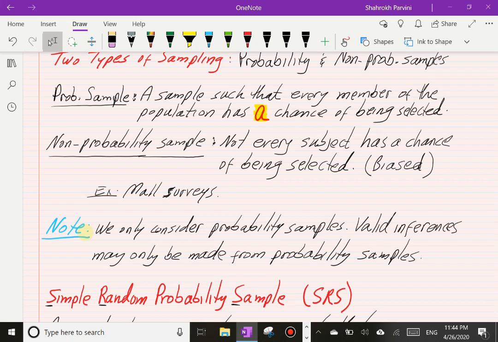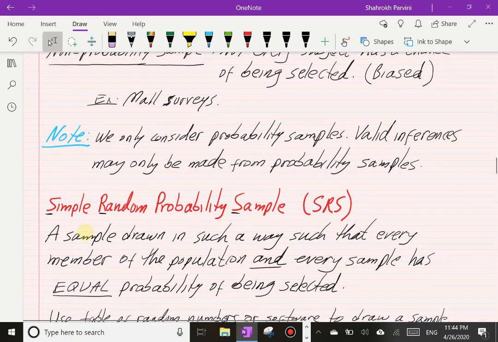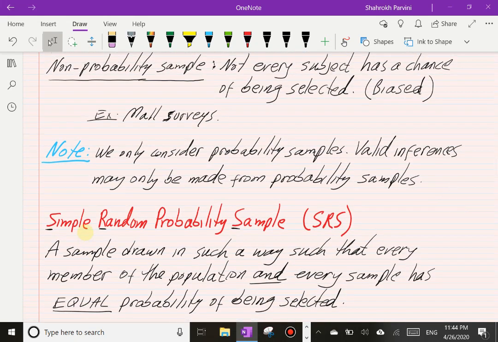Now, a simple random sample, or SRS for short, what is this? In a simple random sample, every subject, every measurement has equal chance of being selected. So in this case, we have equal probability of selection. Okay, and that is what a simple random sample is.